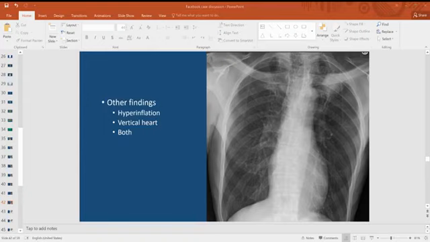The next question: is there emphysema in this patient? As we said, we have hyperinflation.